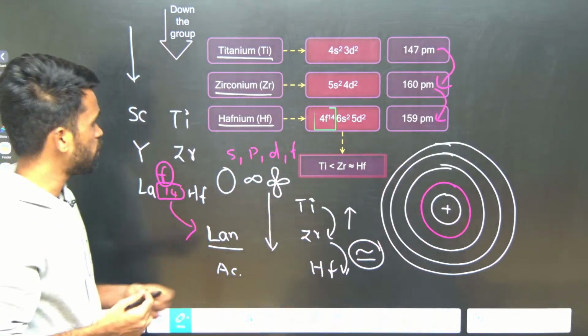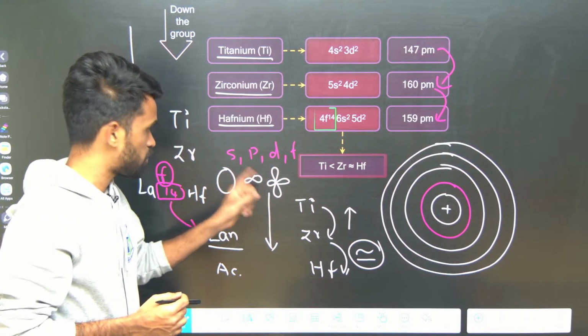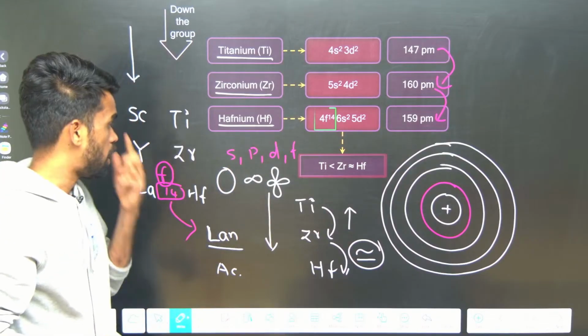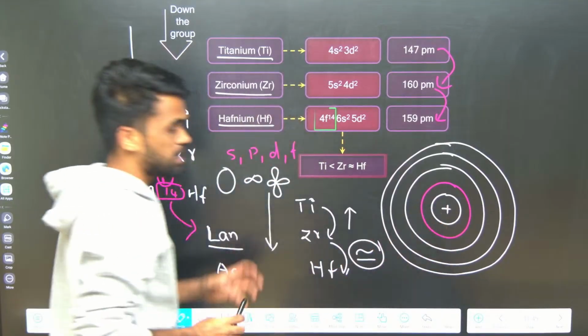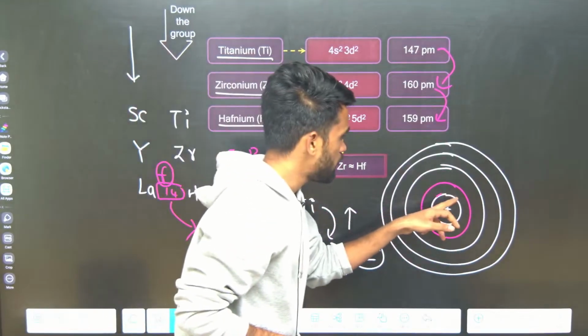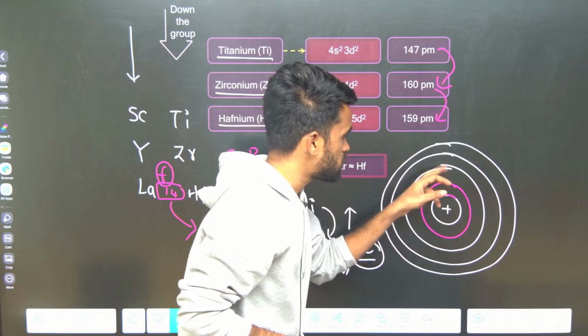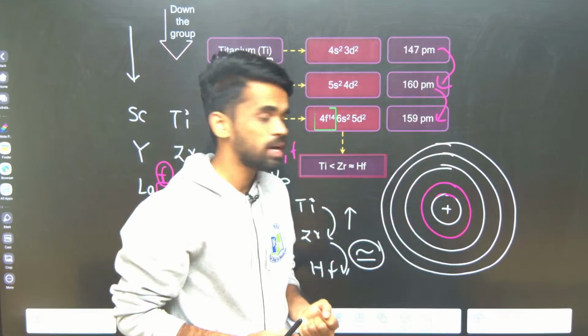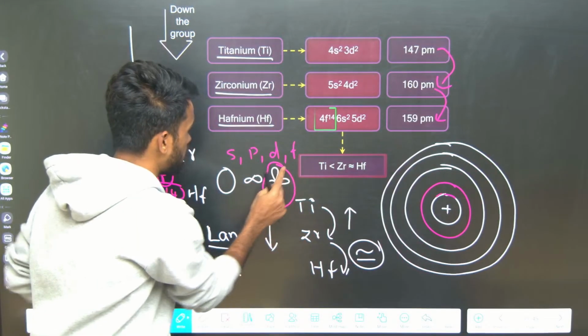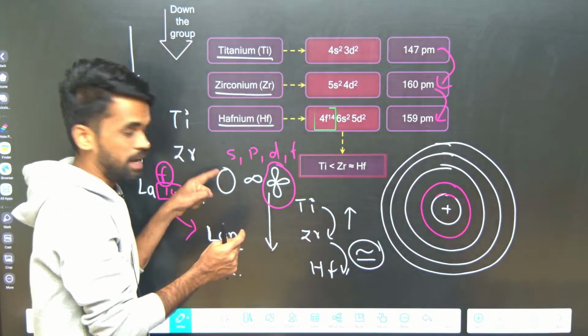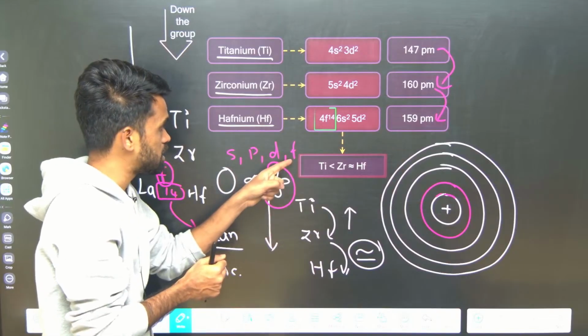Now if you observe the shapes of these s, p, d, f orbitals, the s orbital is more symmetric around the nucleus, therefore it shields the outermost electrons very effectively. But the f orbital is not symmetric like s and p orbitals, it is very less symmetric.